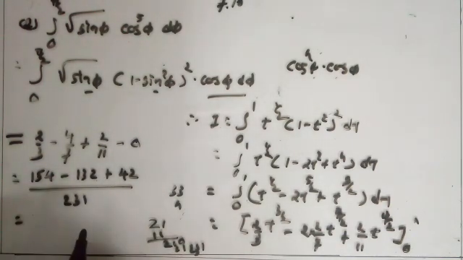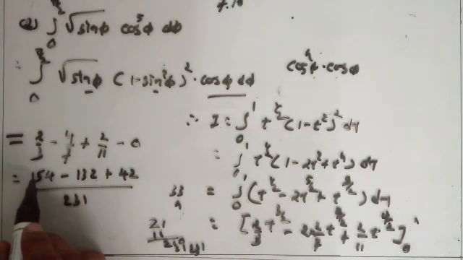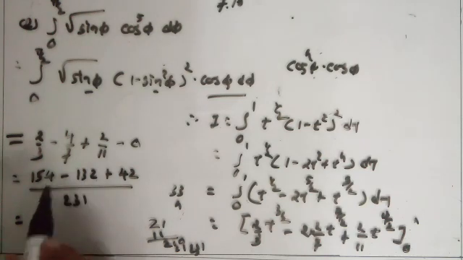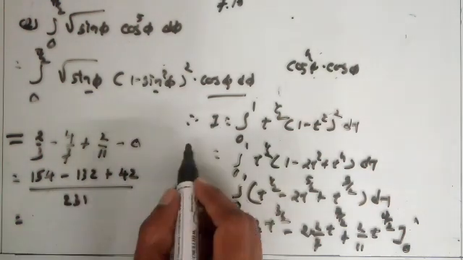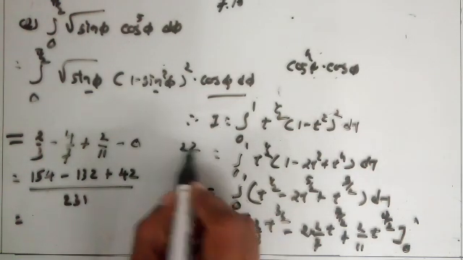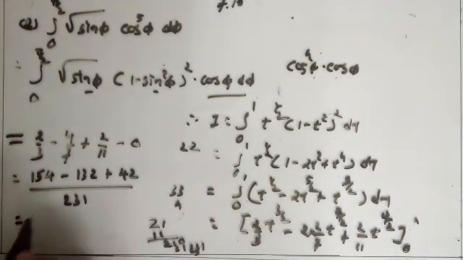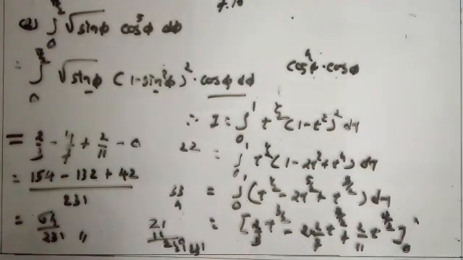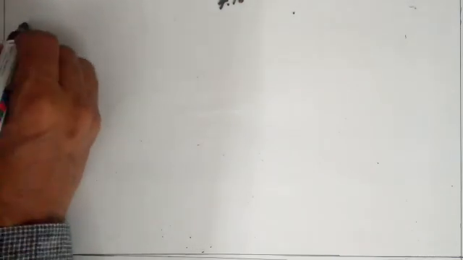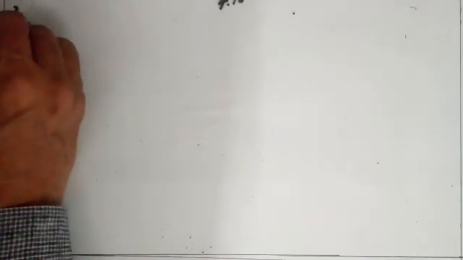Now simplify this: 154 minus 132 becomes 22, plus 42 becomes 46 upon 231. Answer. Clear? Now next question, question number 3.